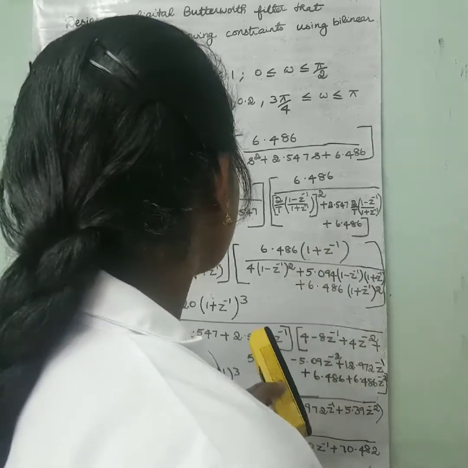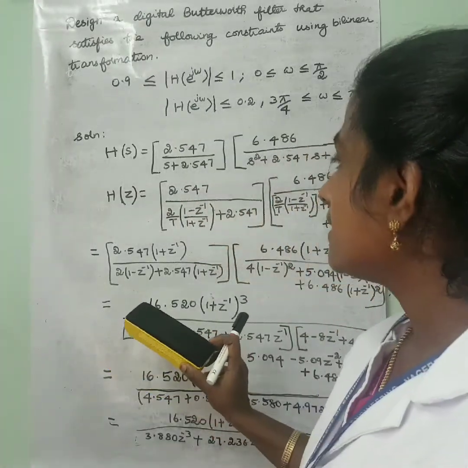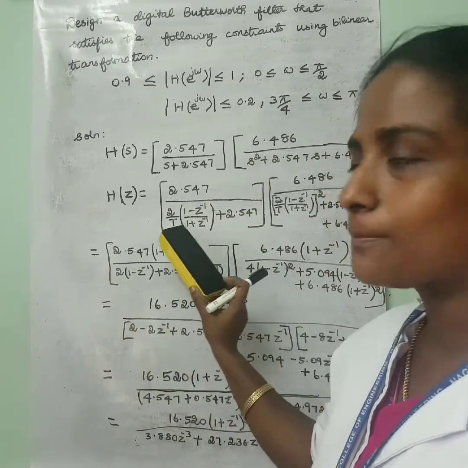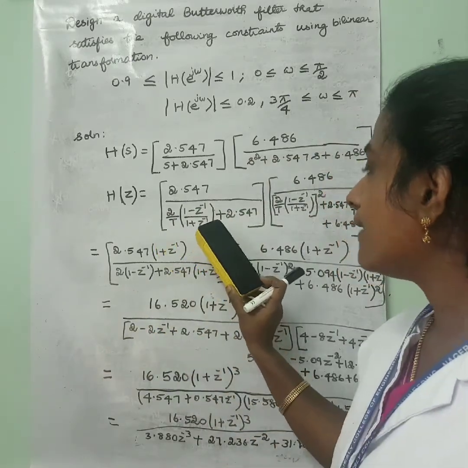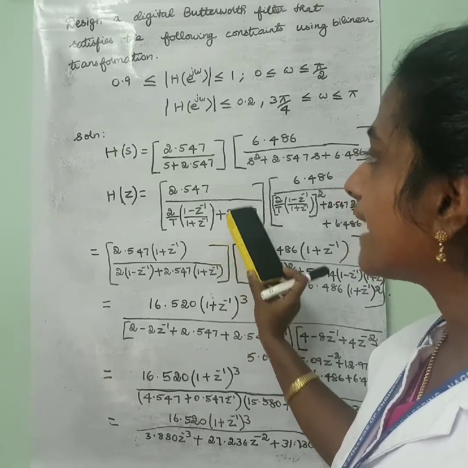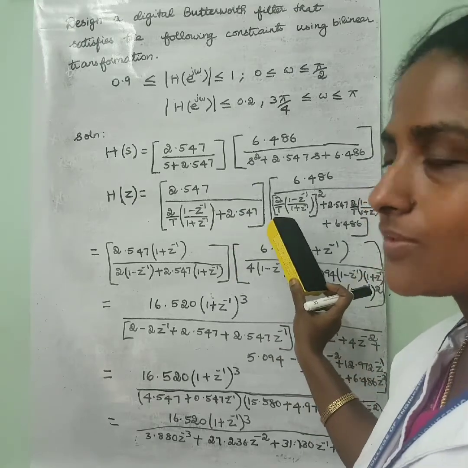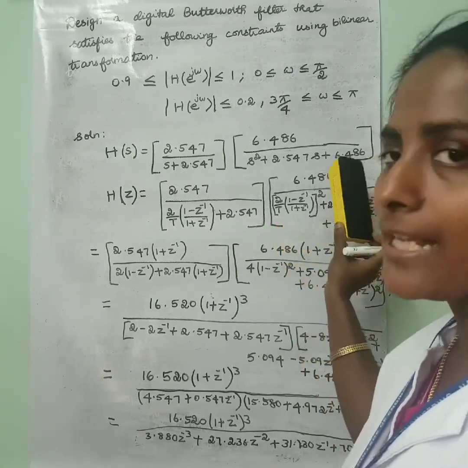In the next step, we have to simplify, okay? That is, you take the LCM. In the first term you take 1 plus z inverse as the LCM and multiply it in the numerator. Here also you take (1 plus z inverse) the whole square as the LCM and multiply in the numerator.